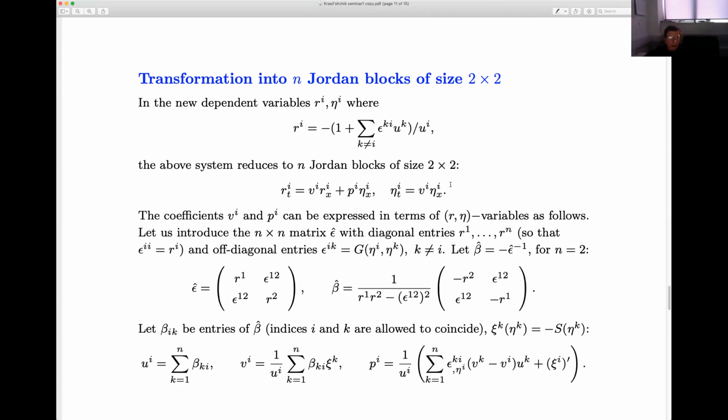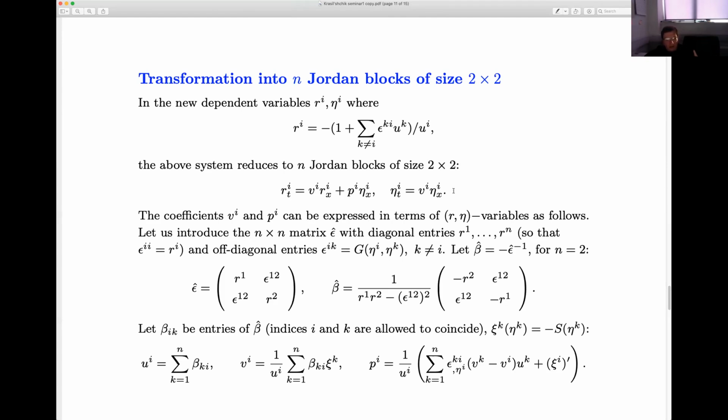Remarkably, this system can be solved, not explicitly, but implicitly. There is Tsarev's generalized hodograph formula, which applies to systems of Jordan block type, of Toeplitz type. And here it just gives you an implicit solution in finite form, right? Which is quite remarkable for a rather complicated system.